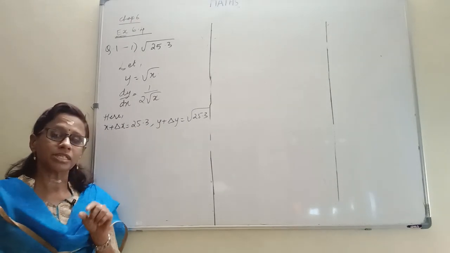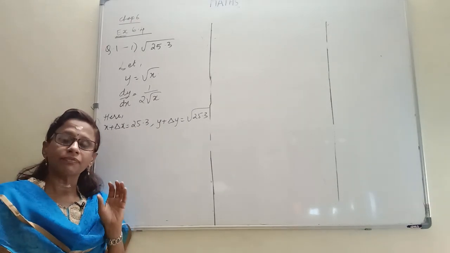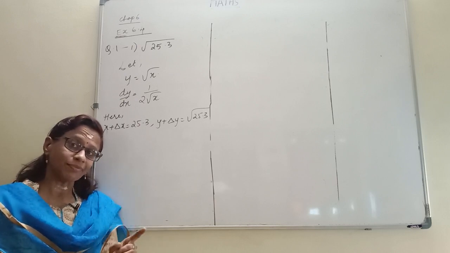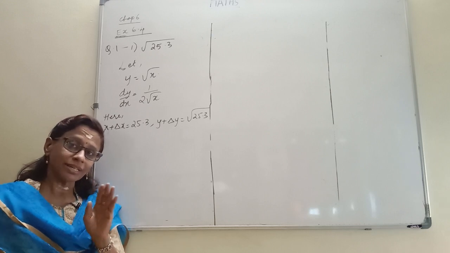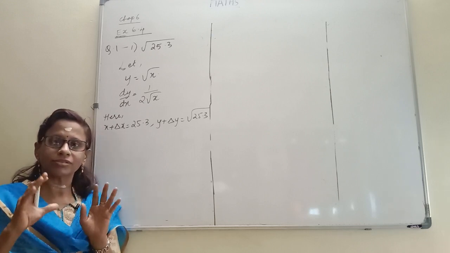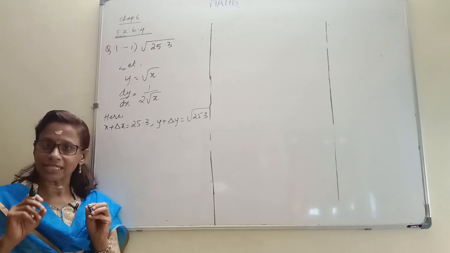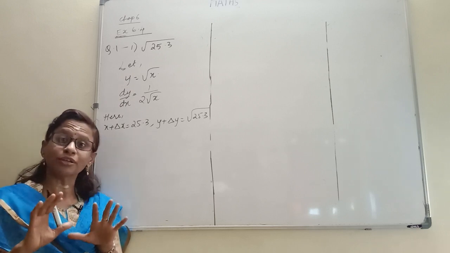Now, the idea of approximation is that for whatever value is given to you, you look for a standard value in the range of this value whose answer you know. We are going to decide another value x whose y you know.